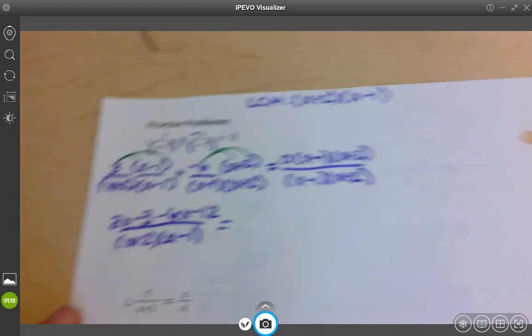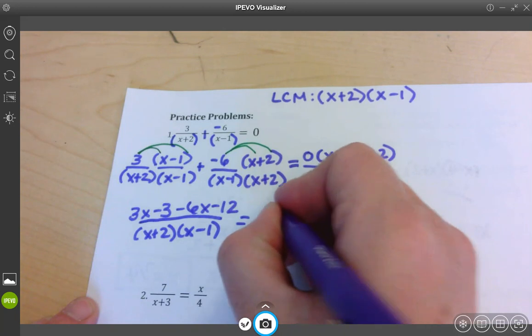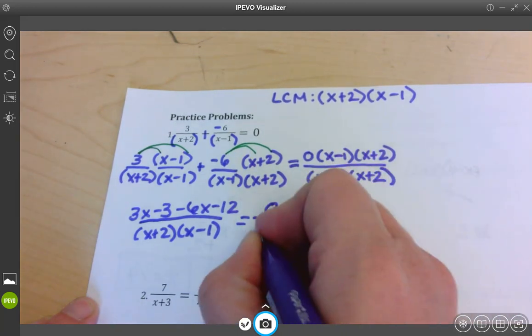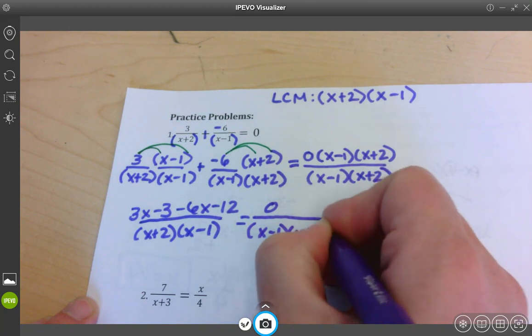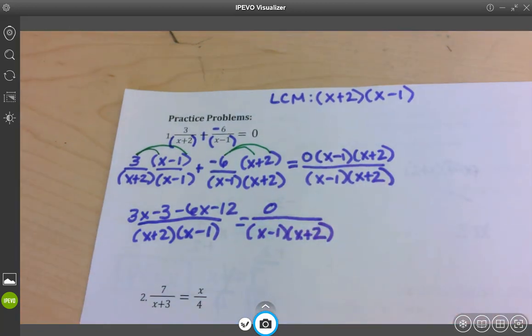Oops, sorry. Okay, this problem actually ends up not being that bad because there's not going to be any factoring in it. All right, so looking at this, in your next step, you want to multiply both sides by the denominator so that you can cancel it out.